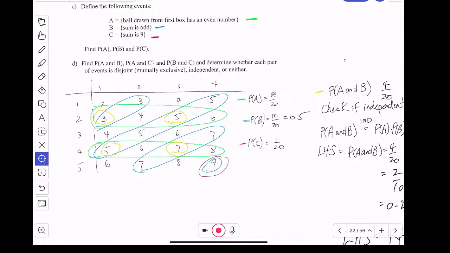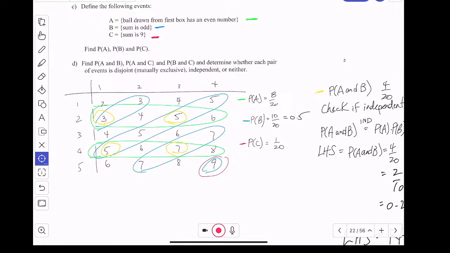So I convert this to the yellow is A and B. And the chance of B overall is 50%. And even in the subset of A, which is just the green, it's also 50%. So that demonstrates that they're independent. The probability of B didn't change when I was in A.